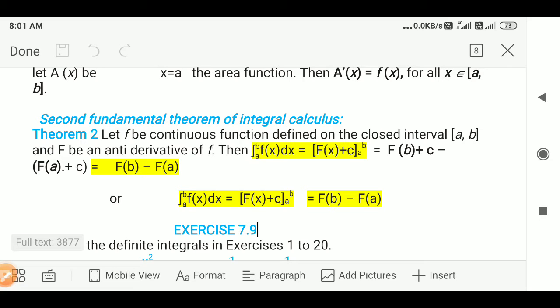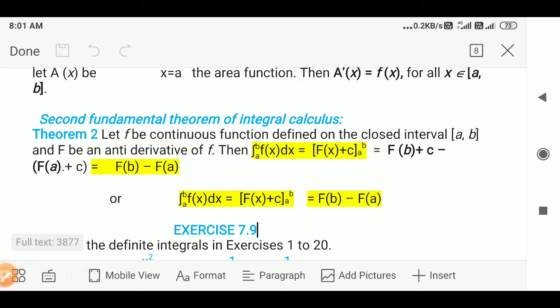Then the integral from a to b of f(x) dx equals F(x) + c evaluated from a to b, which is F(b) + c minus F(a) minus c. You put in both the limits. You see here that c is cancelled out and you get F(b) minus F(a).